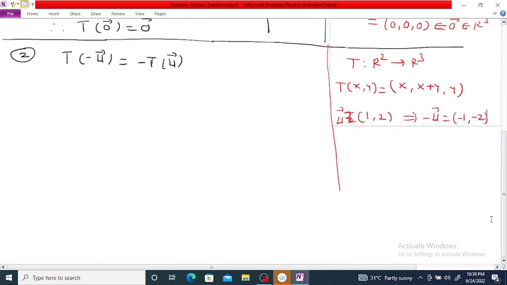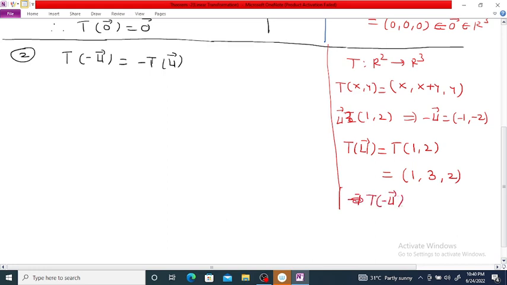T of u bar is T of (1, 2), which is (1 plus 2, 2, 2), that is (3, 2, 2). And T of minus u bar is T of (minus 1, minus 2), which is (minus 3, minus 2, minus 2).